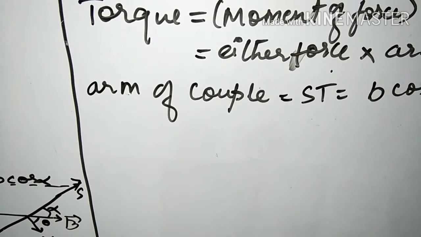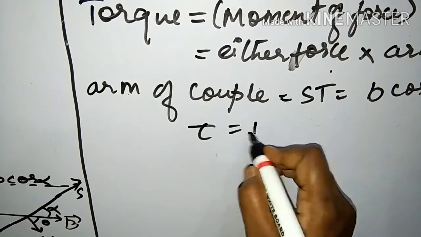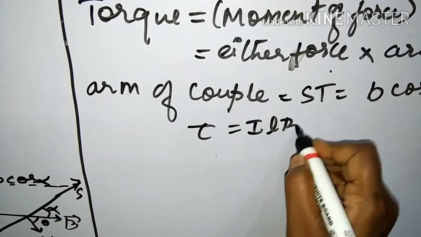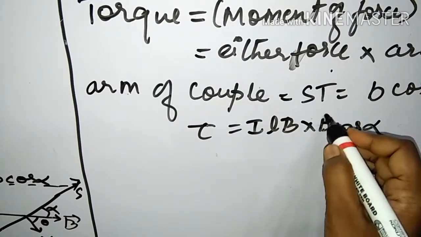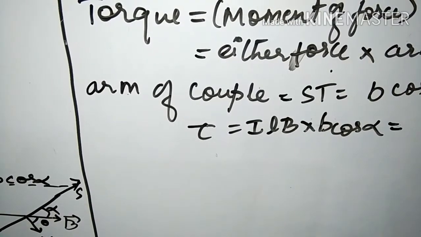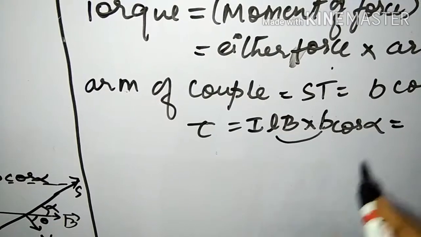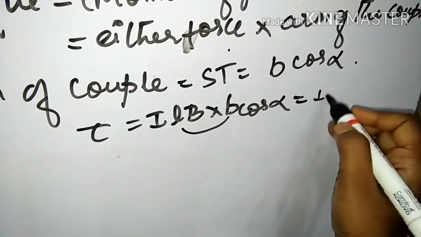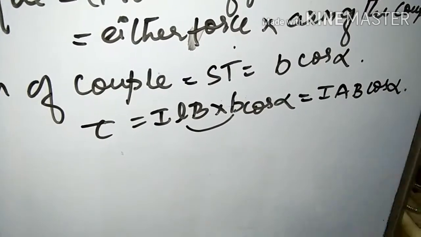Therefore tau is equal to the force, either of the forces, I L B, into b cos alpha. L into b is the area, so this will be I A B cos alpha.